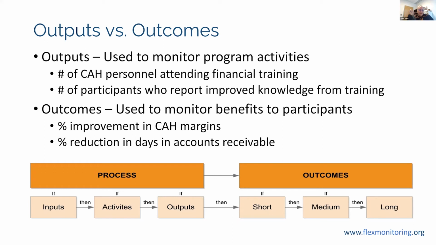So are you seeing the changes in margins, which might be a longer term measure, but you could also be looking at days reduction in accounts receivable, which is a shorter term measure, and you should be able to, depending on your initiatives, see changes in a much more rapid fashion. Next slide.